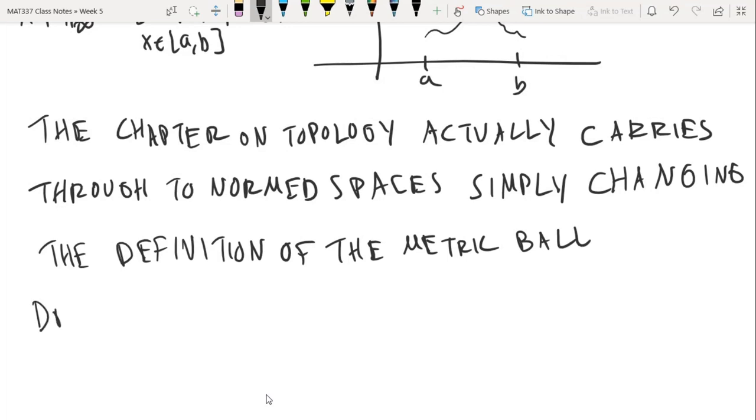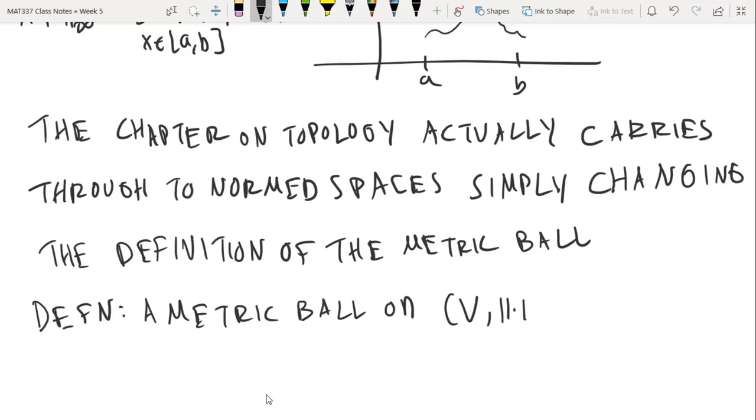So we define a metric ball on V with the norm.